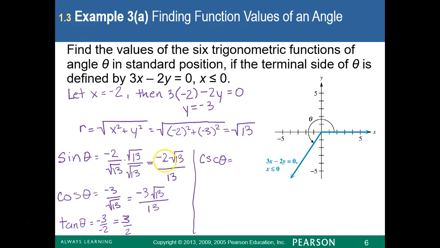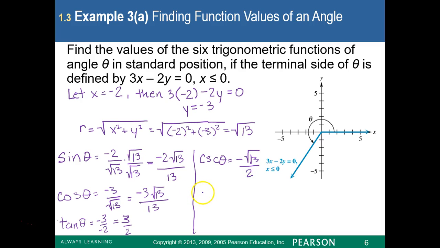Because if you flip this, you're just going to have to re-rationalize the denominator all over again. So take your first answer, the one without rationalizing the denominator, and flip that value. So this is going to be negative square root 13 over 2.